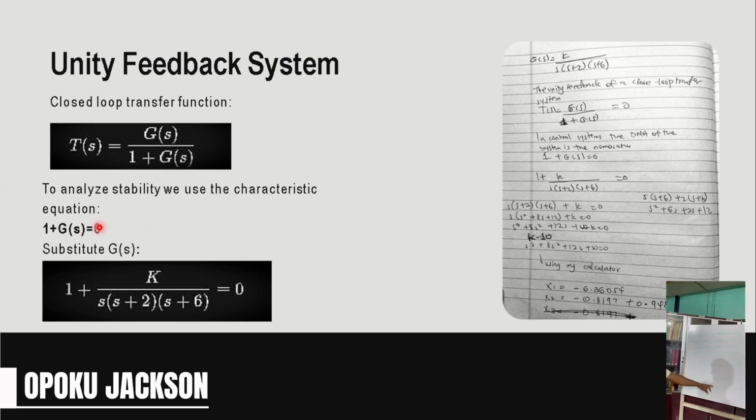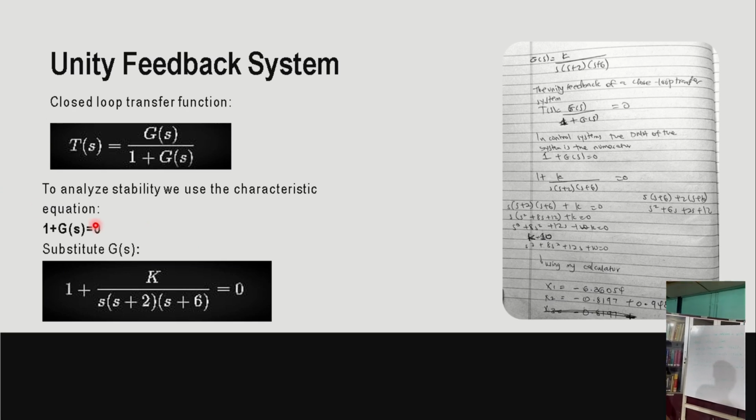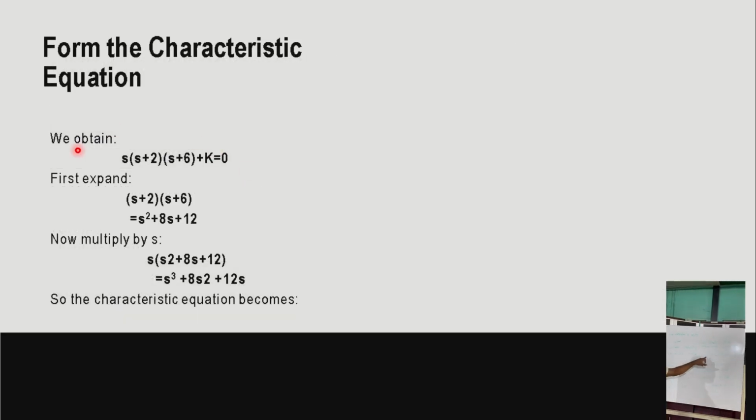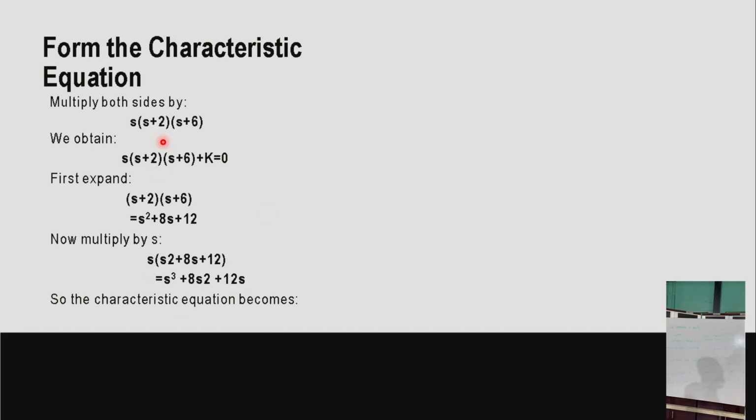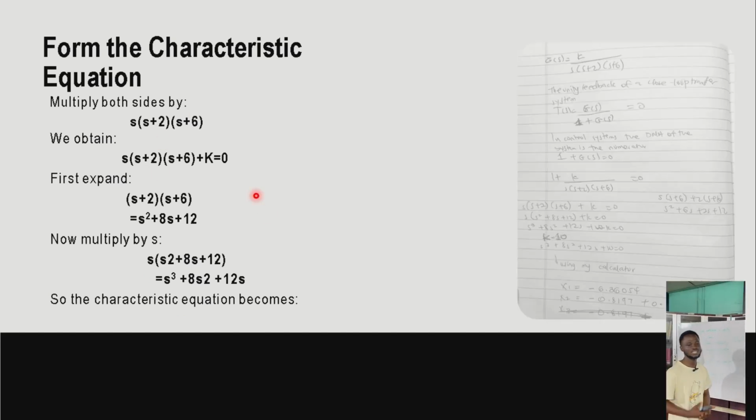To simplify the equation, we multiply both sides by the denominator, s open bracket s plus 2 close bracket multiplying s plus 6 close bracket. This leads to the characteristic equation s(s plus 2)(s plus 6) plus k equals 0. Now we expand the equation to obtain the polynomial form that can be used to determine the system poles.